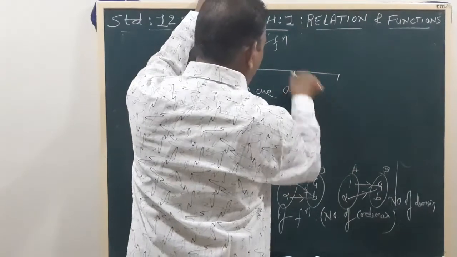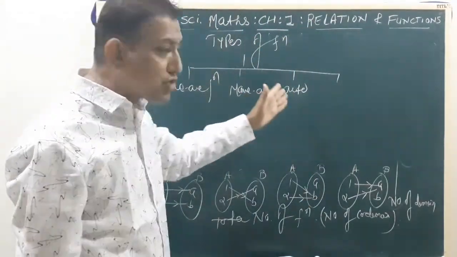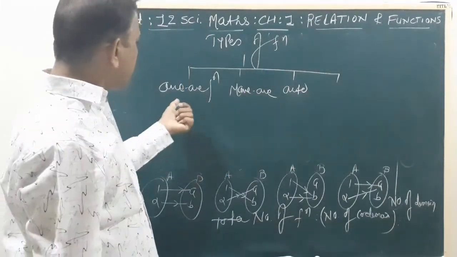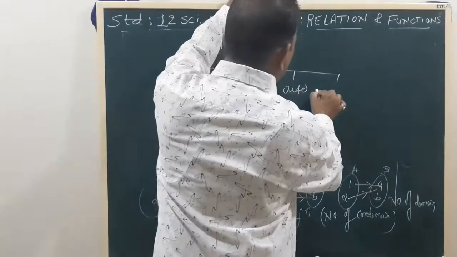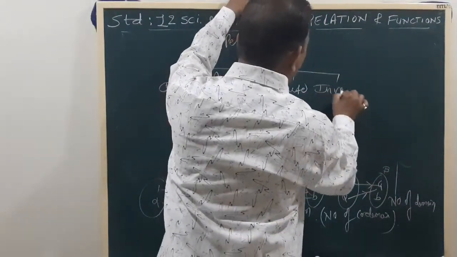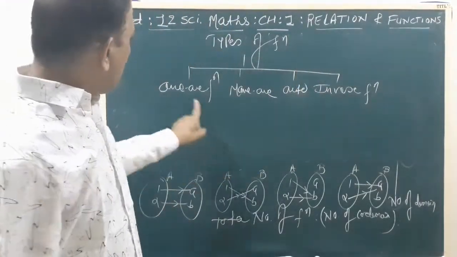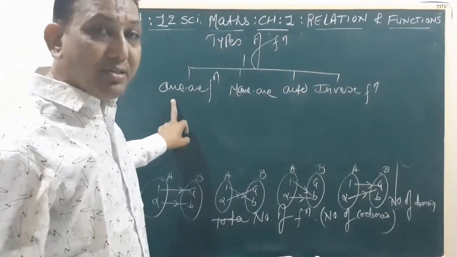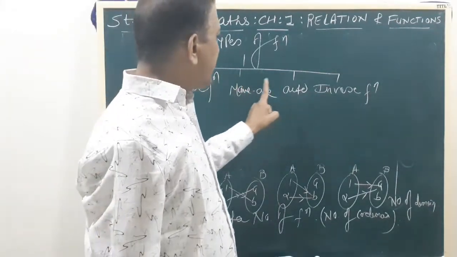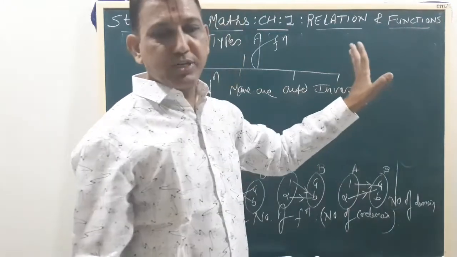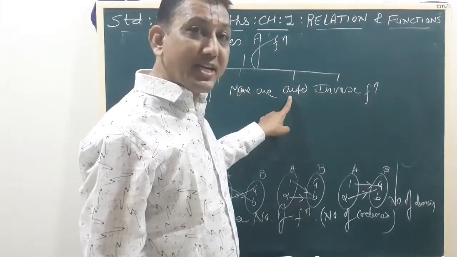Third one, onto function. Injective function, surjective function. Injective is one-one, surjective is onto. Second names also. And fourth one, inverse function. A total of 4 functions are possible in your textbook, first chapter: one-one function, many-one function, onto function, inverse function. One-one function, second name injective; onto function, second name surjective function.